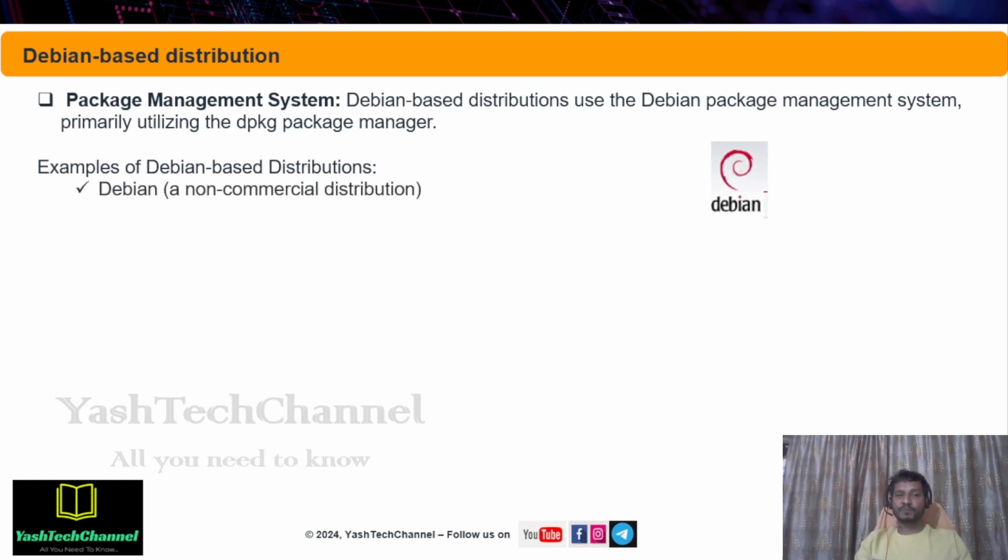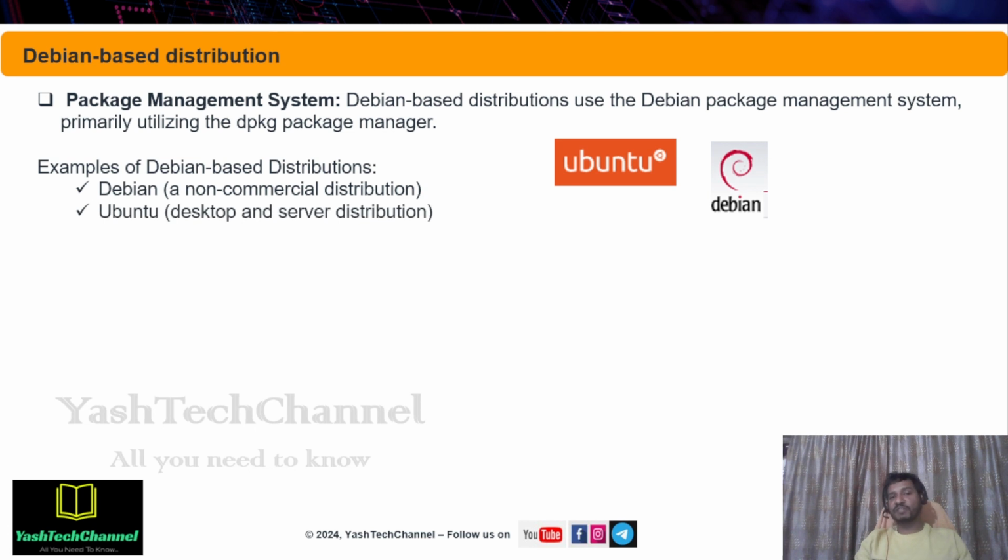Most likely, either it's non-commercial, meaning you don't need to purchase, it is freeware like Debian, and some of the commercial versions. As I said, Ubuntu has two versions. One is a desktop version, and the second one is what I call the server edition, and a pro version also. I have one more slide where I can talk about that.